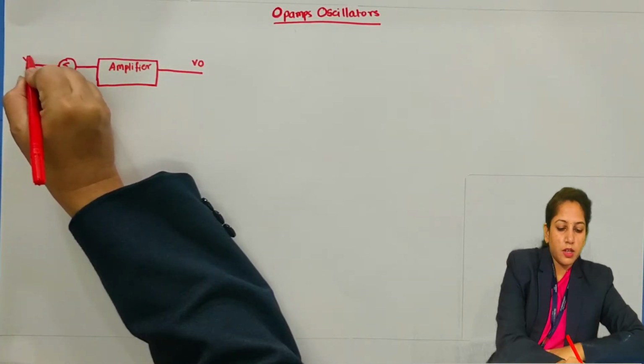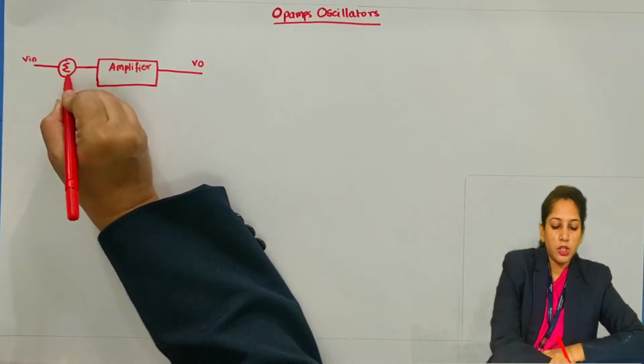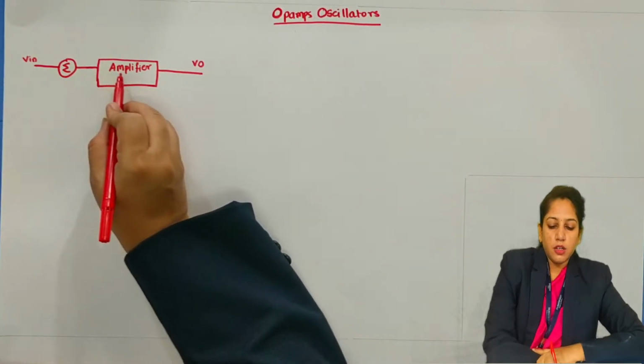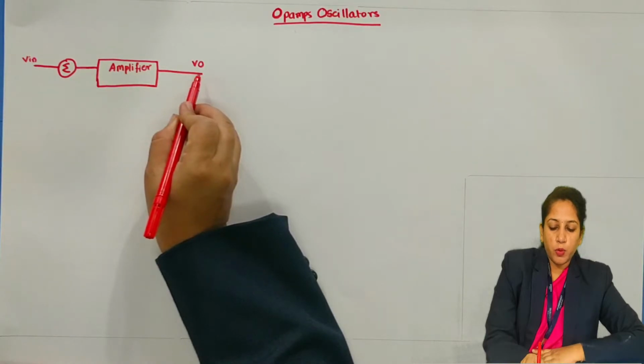Suppose I am giving a Vin voltage. This is a summer and here is an amplifier and it will give an output voltage.